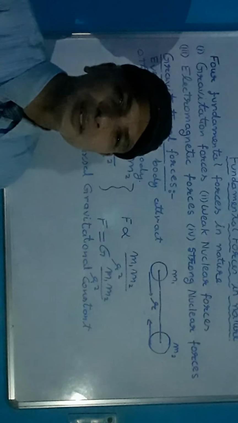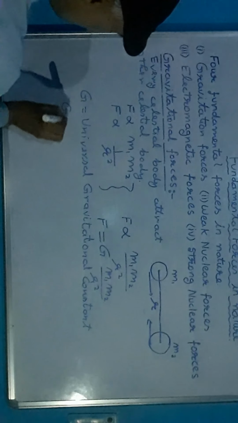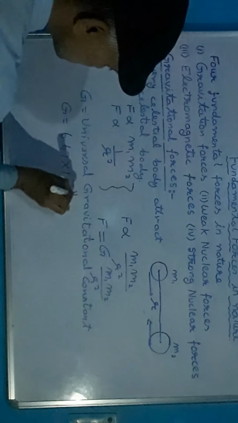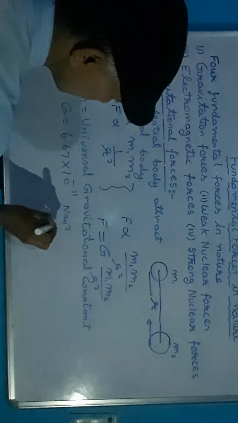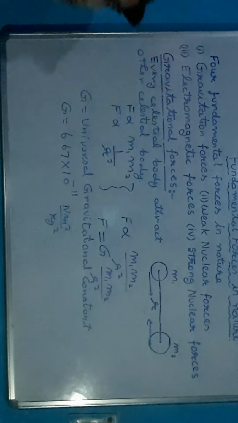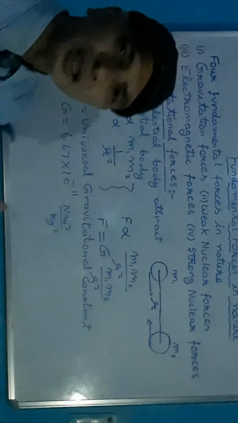That's why it's known as the universal gravitational constant. The numerical value of G, very important, is 6.67 into 10 to the power minus 11 Newton meter square upon kilogram square. So this is the first type of basic force that we have studied, gravitational force.